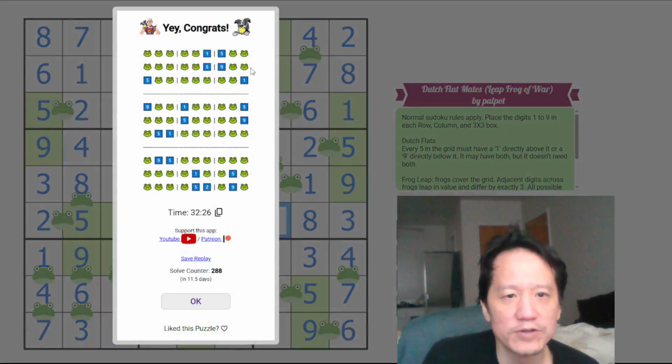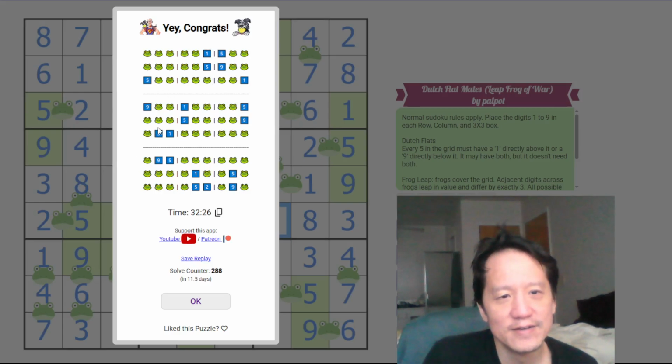And wow, there's a lot of... I'm not sure what this is, but I guess it's a lot of frog leaps. Oh, it's showing where all the Dutch flatmates are, right? And everything else is covered in frog instead of fog.